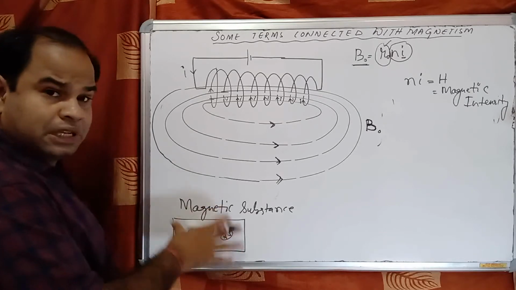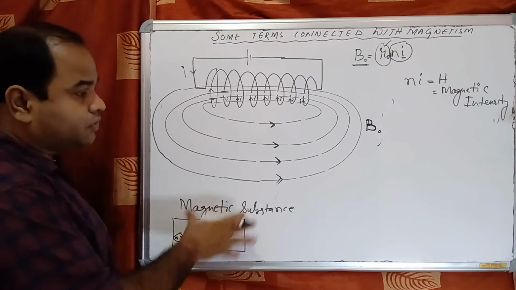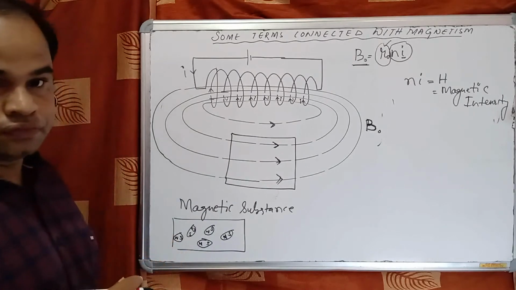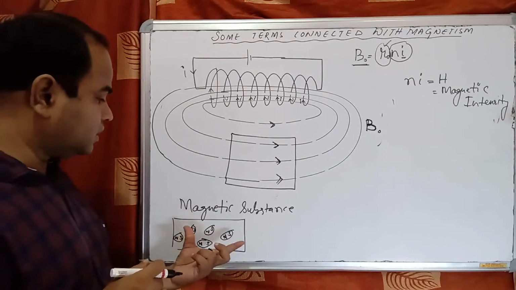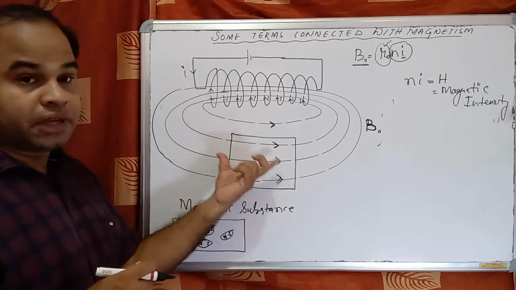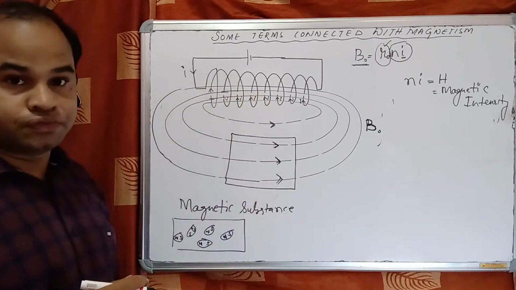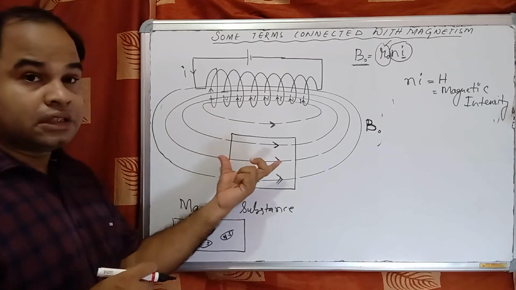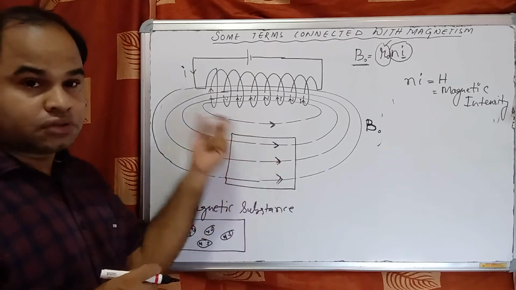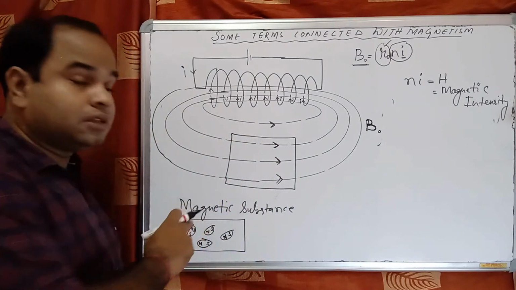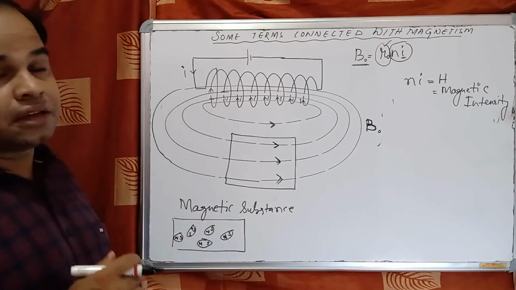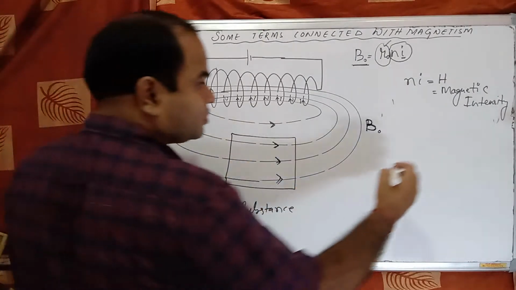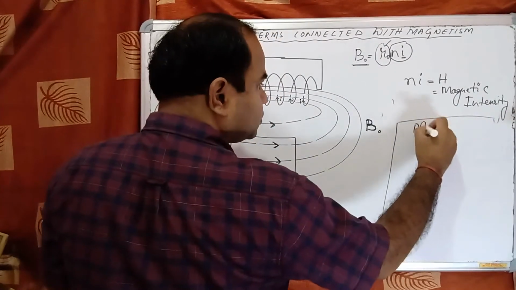Let us place this magnetic substance in the magnetic field of this solenoid. When this magnetic substance is placed in the magnetic field of the solenoid, these dipoles are aligned, or the magnetic substance is magnetized.